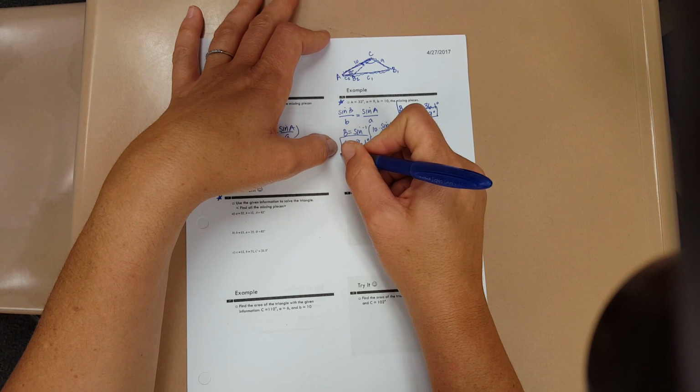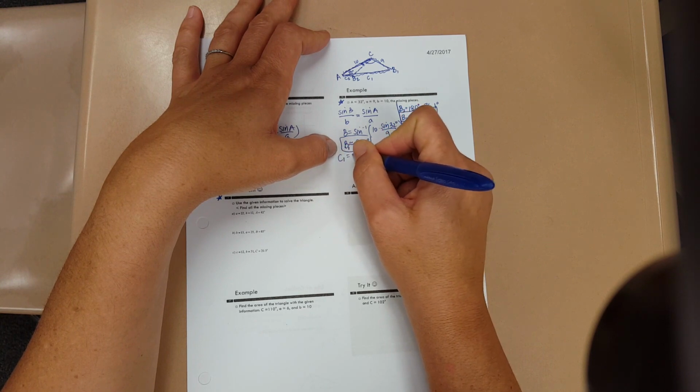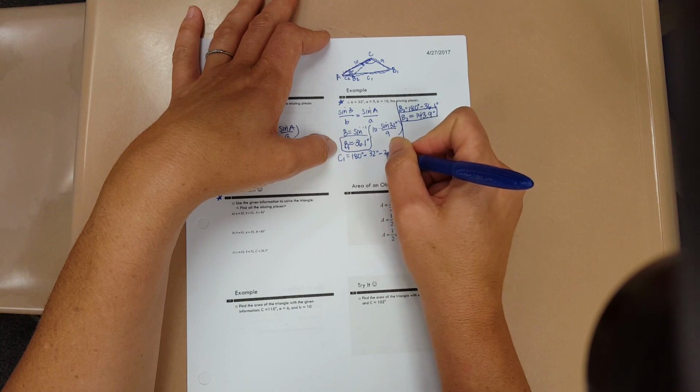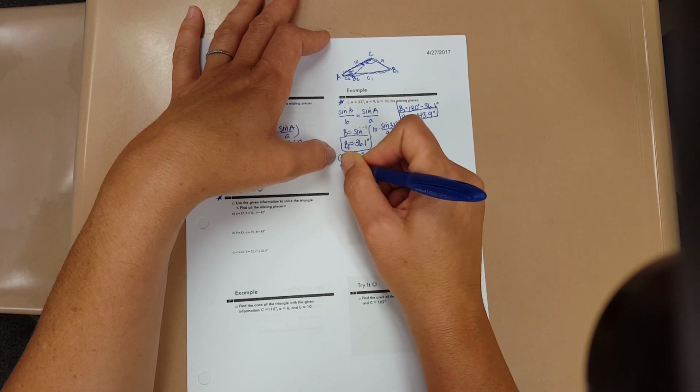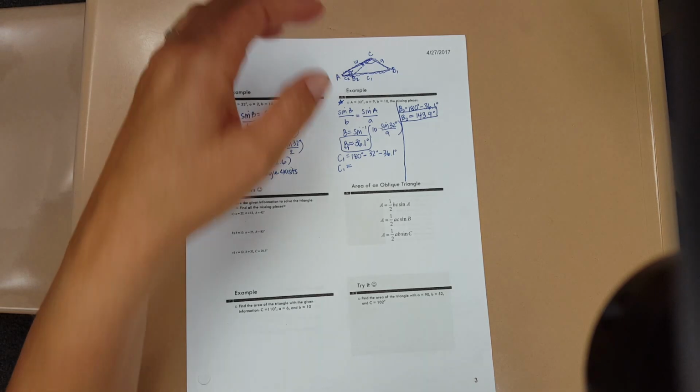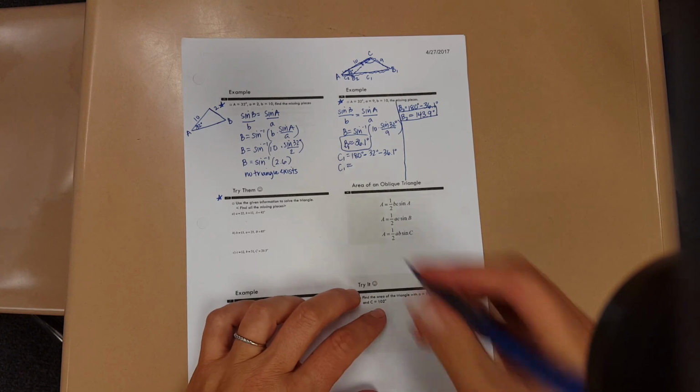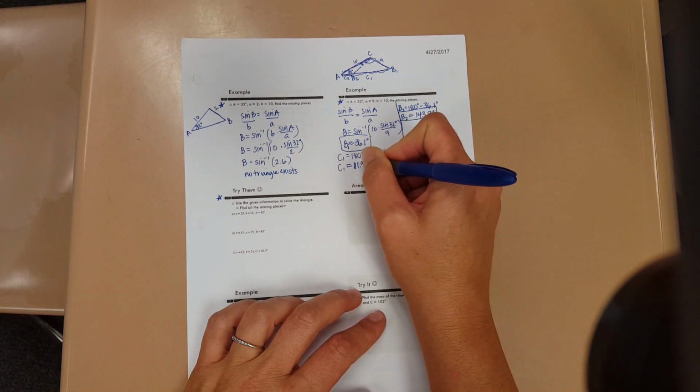C sub 1 is equal to 180 degrees minus 32 degrees minus 36.1 degrees. So C sub 1 is approximately 111.9.